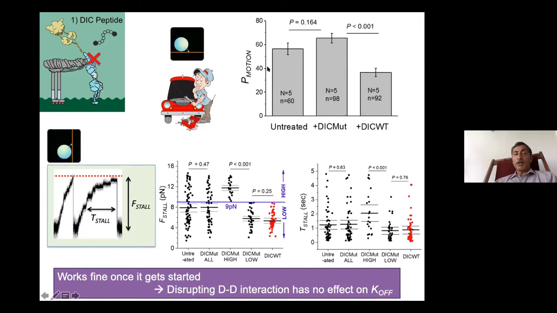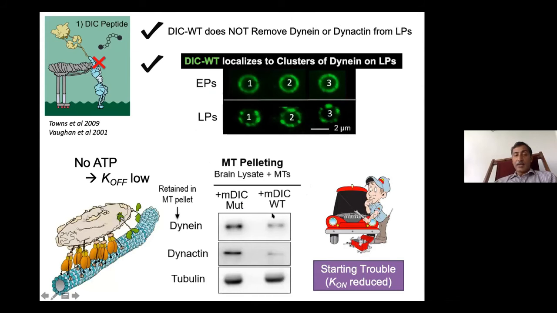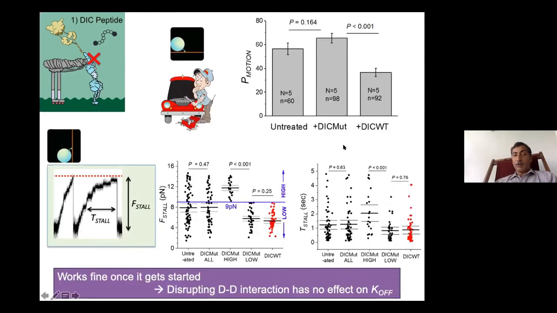You can calculate a probability of motion, and what you see is that with the actual peptide which is supposed to interfere with this, the probability of motion is significantly reduced. Which agrees with this finding here that the on rate has gone down, because it is just not able to move.